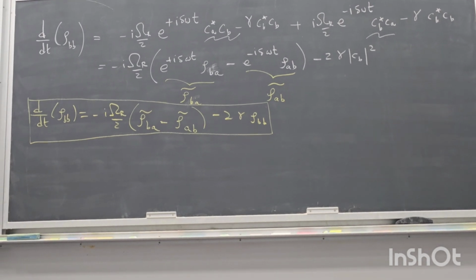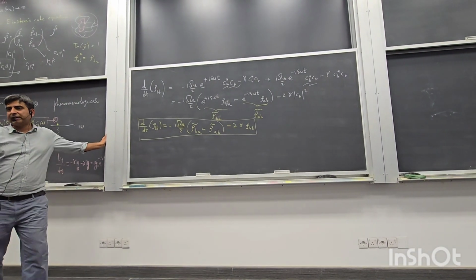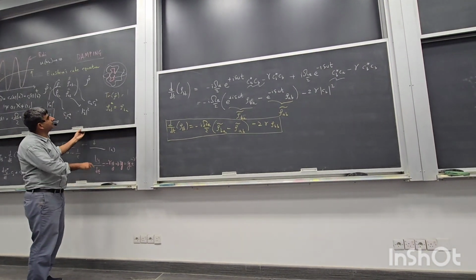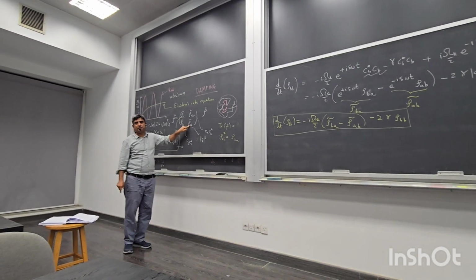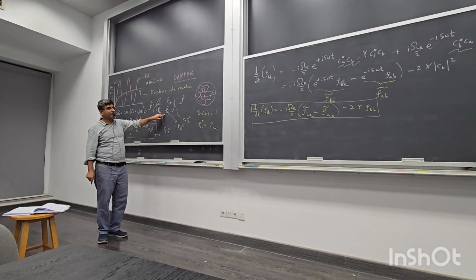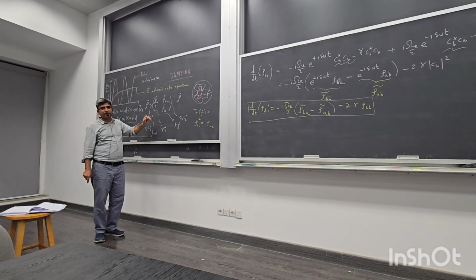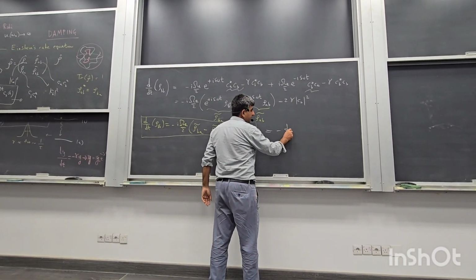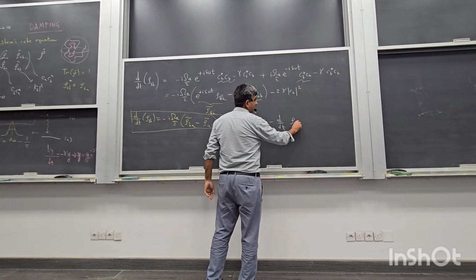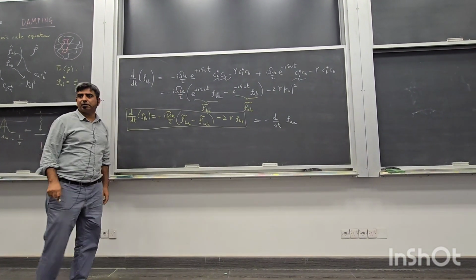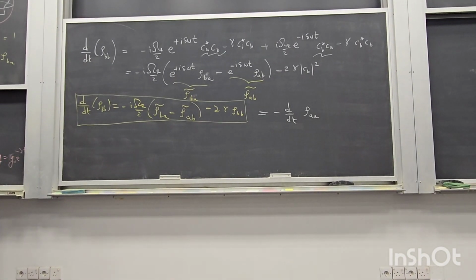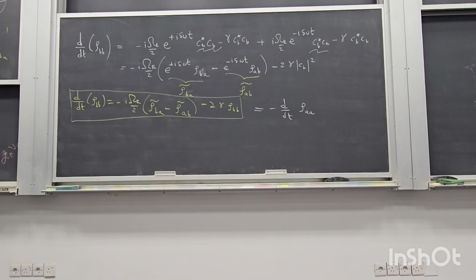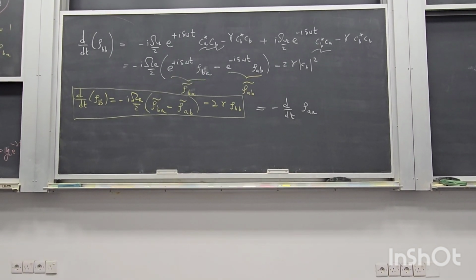So now I have an equation for the time evolution of the excited state population. Now the sum of these terms is 0. So the derivative of this must be equal to the negative of the derivative of this. So this must equal minus d by dt rho AA. Okay? Which means that the evolution of the excited state population is not independent of the evolution of the ground state system. Because it's a two-level system, there are only two levels in the system.